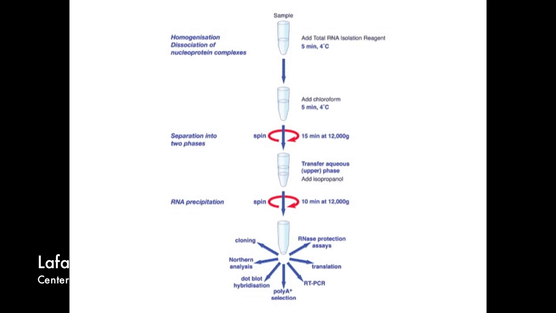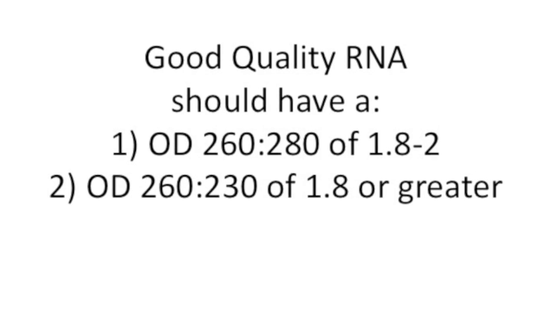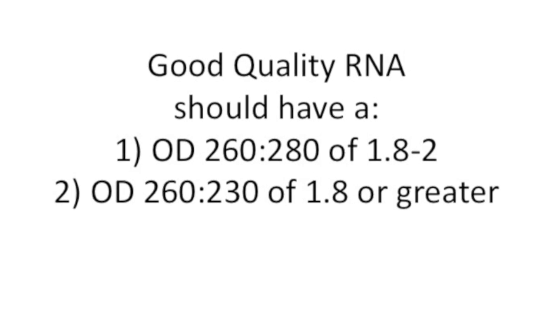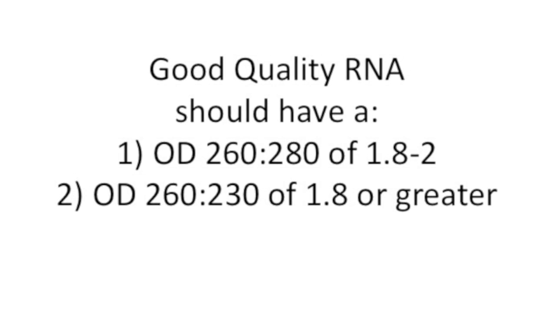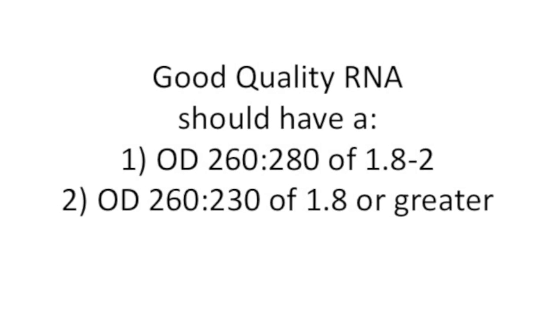RNA purity is extremely important for the accuracy of downstream processes such as PCR. As mentioned in the previous video, good quality RNA will have an optical density 260-280 ratio of 1.8 to 2 and an OD 260-230 of 1.8 or greater.